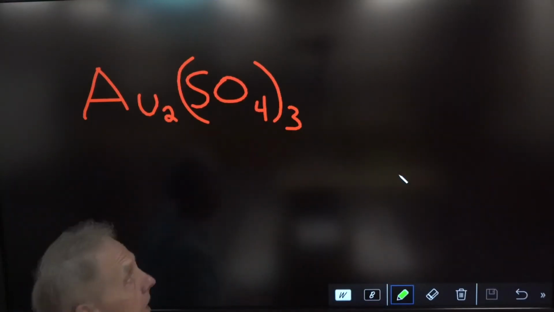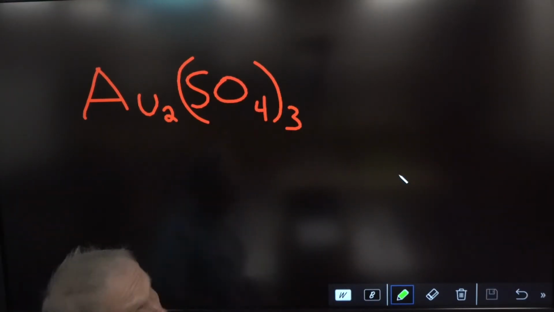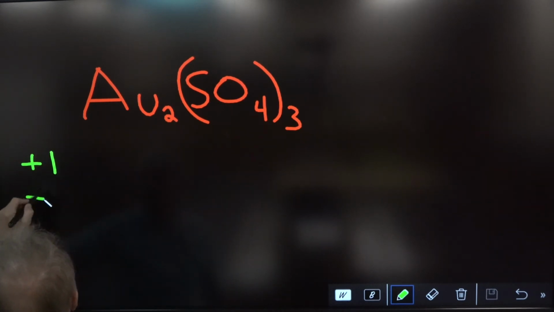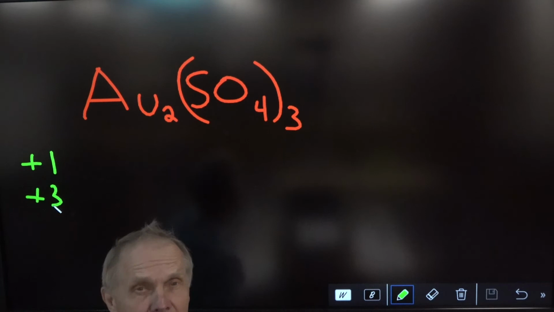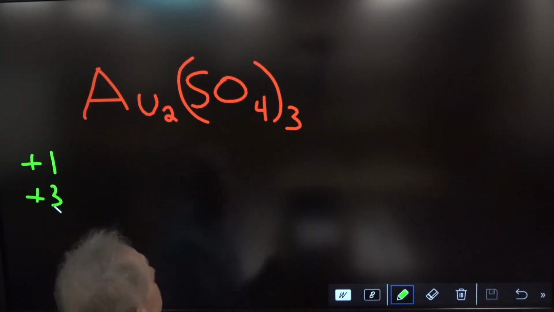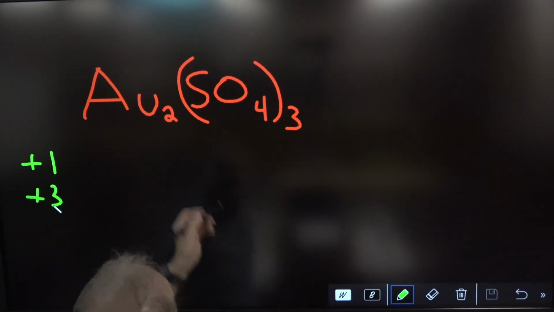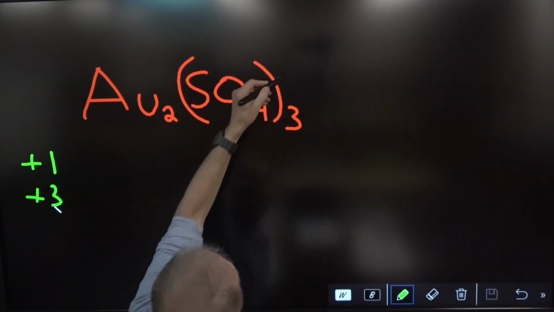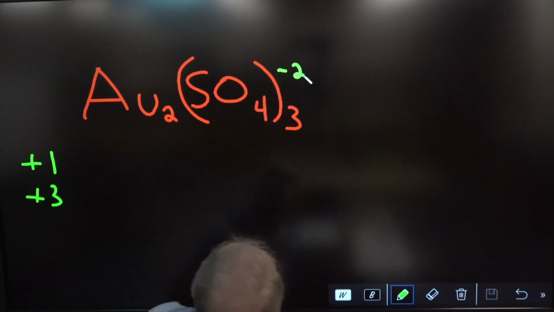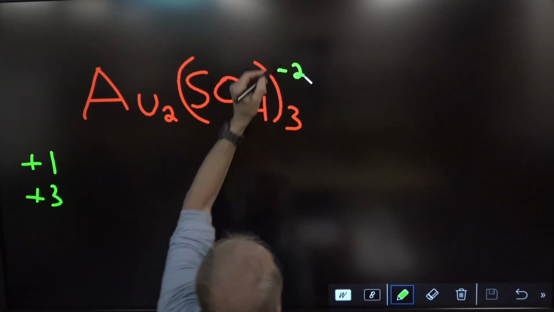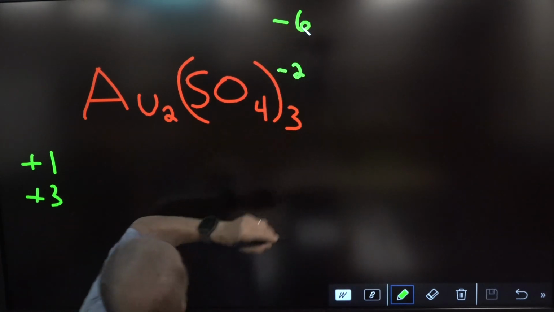The first thing about this is gold can be a +1 or a +3. So we have to figure out which one gold is. And remember before I told you, if the metal has more than one charge, see what it's hooked to. Well, it's hooked to sulfate, and sulfate has a -2 charge. And there's 3 of them. So we have a total of -6 there.